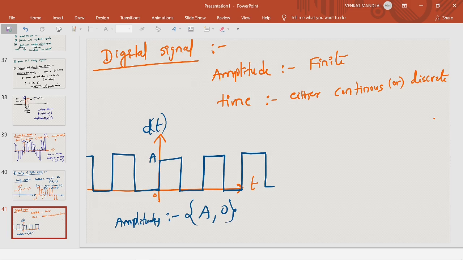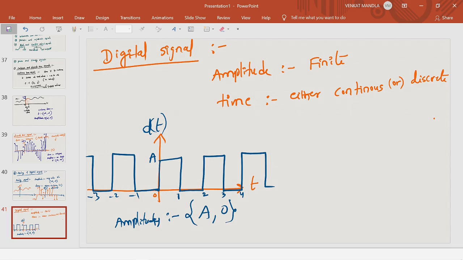That's it. From t equal to 0 to 1 second, 2 second, 3 second, 4 second, minus 1, minus 2. Between 0 to 1 it is taking a, 1 to 2 it is taking 0, 2 to 3 it is taking a, 3 to 4 it is taking 0. So the amplitudes are finite, either a or 0.